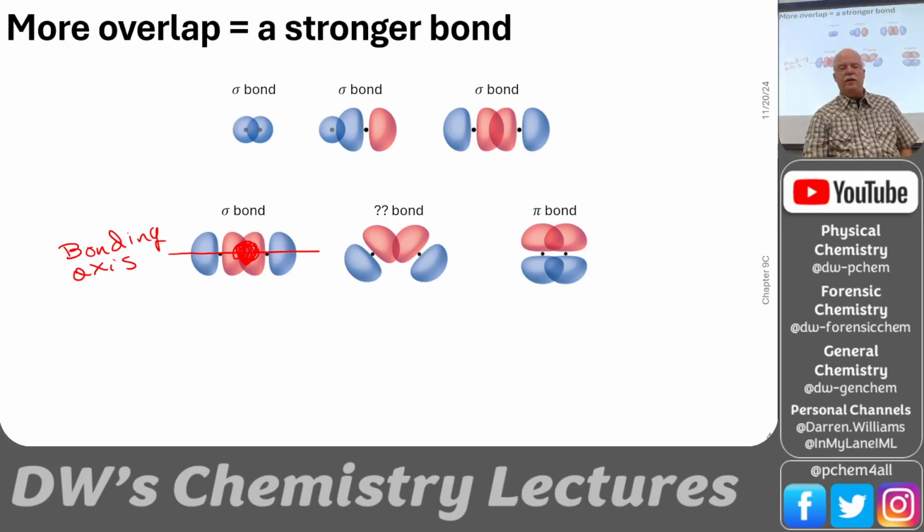Whereas on a pi bond, this is still the bonding axis, but the interaction, the overlap, is above and below.